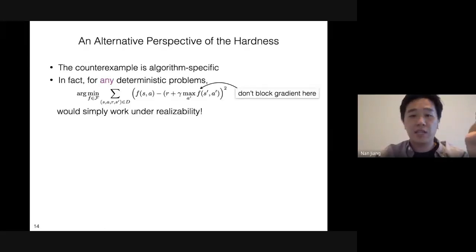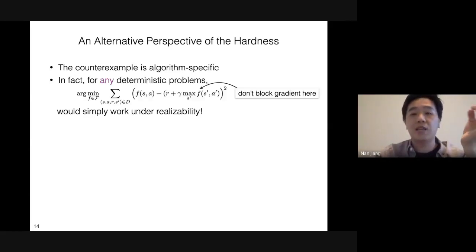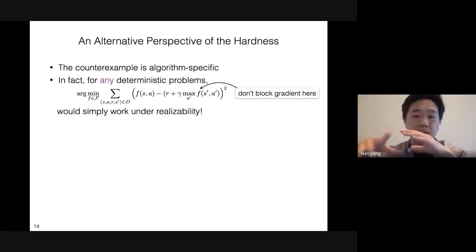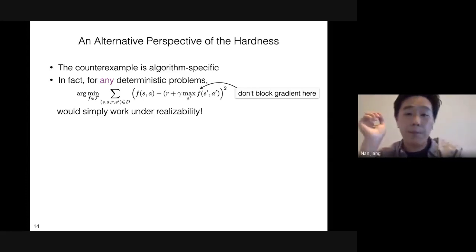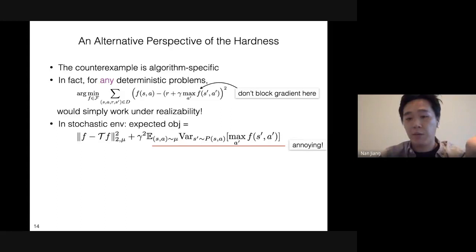But it has a deterministic construction, which means that it's actually possible to overcome all the deterministic constructions using a different type of algorithm, which just directly estimates the Bellman error of your function and tries to minimize it. And you can do this very easily, for example by tweaking a line of code from the DQN code. It actually works pretty well if you have deterministic problems.